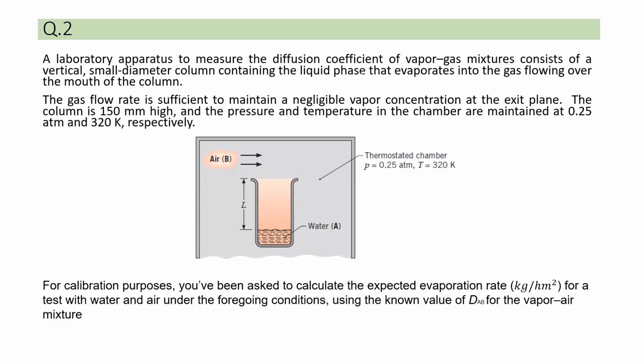So, considering the next question: a laboratory apparatus to measure the diffusion coefficient of a vapor gas mixture, maybe the DAB factor, consists of a vertical small diameter column containing the liquid phase that evaporates into the gas flowing over.